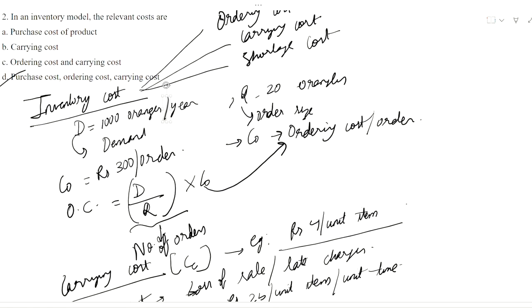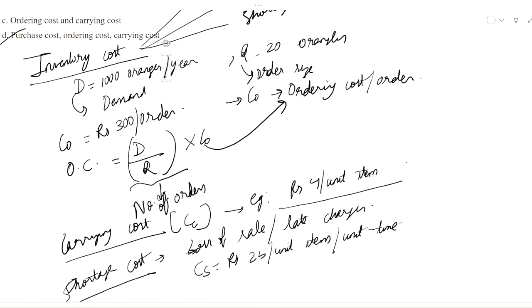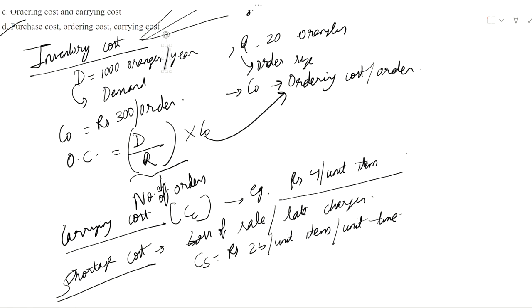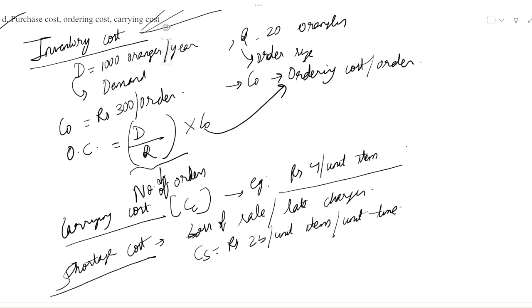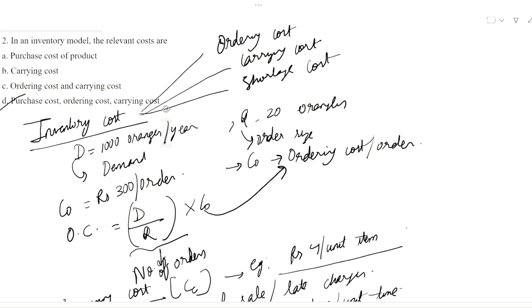Q is the order size, D is the demand. Purchase cost, ordering cost, and carrying cost are the relevant costs.